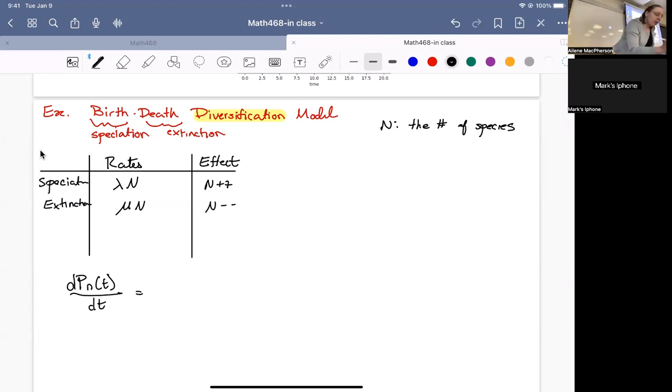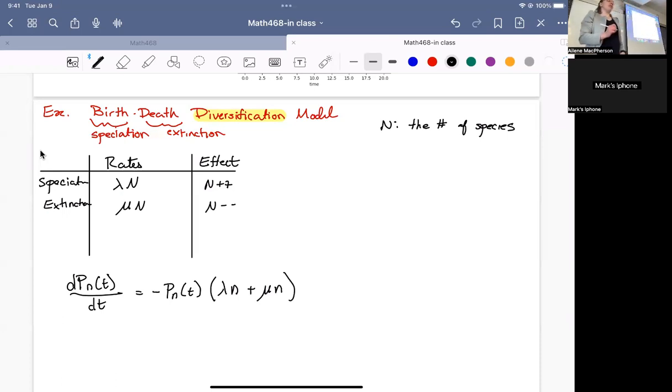I always want to talk about the flow out from my focal state. So I have minus Pn of t. Then I want to consider lambda n plus mu n, my two events that could have happened. You could either gain a species and leave, or you could lose a species and leave.